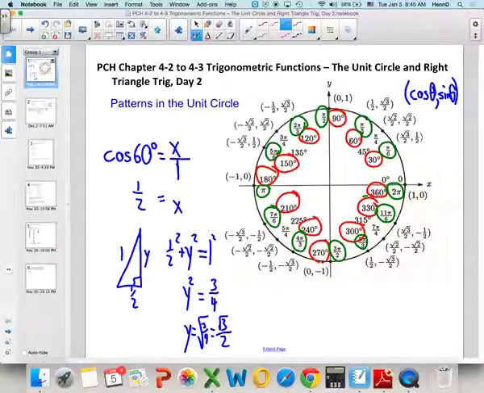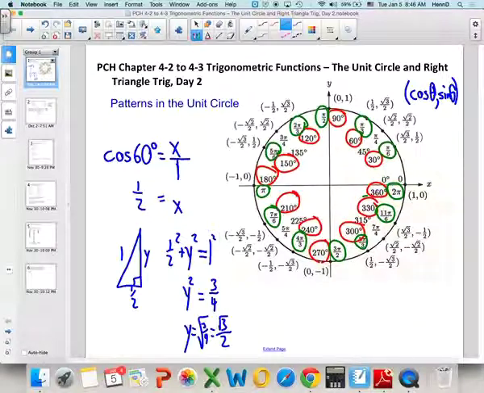Like from pi over 6, if you go straight across, you're at 7 pi over 6, that's plus a pi. Okay. What else do you notice about the ones across from each other? Like pi over 6, 7 pi over 6, pi over 3, 4 pi over 3. They have the same denominators, okay?